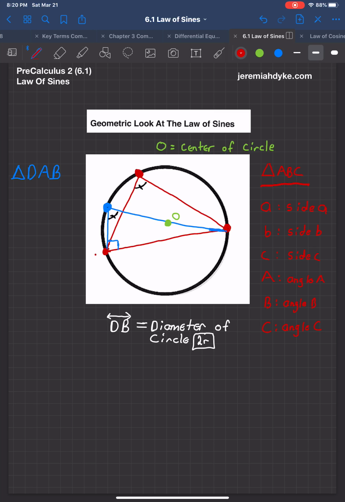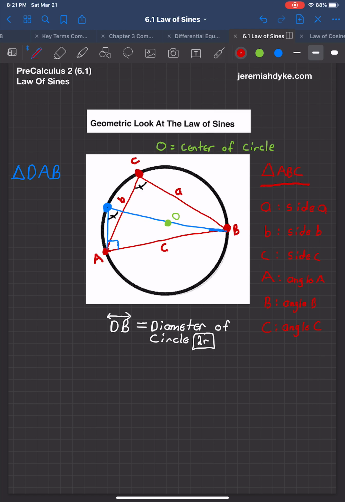So I'm just going to draw angle A, angle B, angle C, and then we use lowercase letters to represent the lengths of the sides. Side a is always directly opposite of angle A. So if I have angle A here, then I'm going to have side a here. If I have angle C at this point, then opposite of that is side c, and this would be side b.